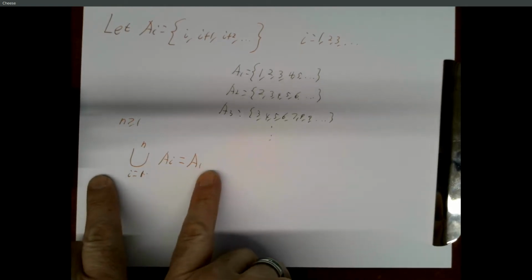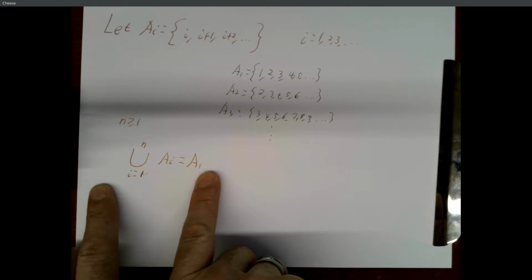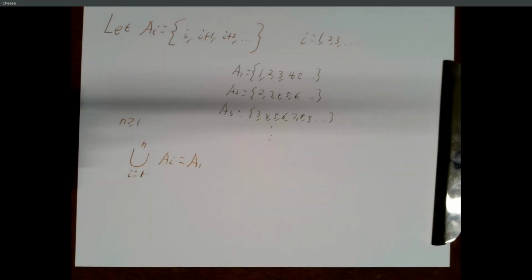So this is just going to be precisely A1. And that's not too mysterious once you think about it from the answer working backwards, right? The union of all the integers from 1 on up, and all the integers from 2 on up, and all the integers from 3 on up, that's just the integers from 1 on up.